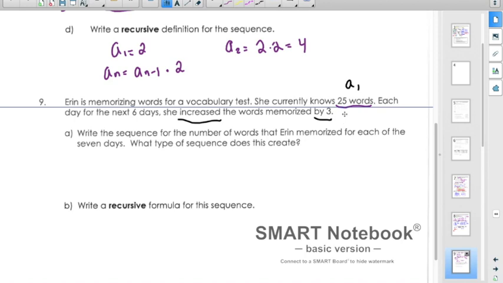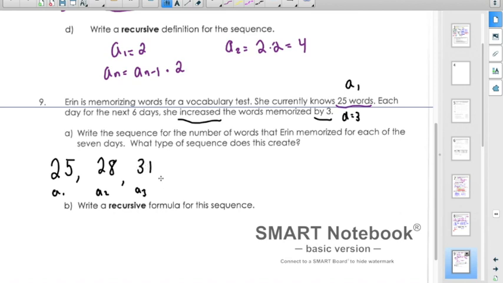And it's saying that she's increasing the words memorized by 3 each day. So if we start at 25, a sub 1, and we go on to the next day, we're increasing by 3, so it's going to be 28, right? That's your a sub 2.